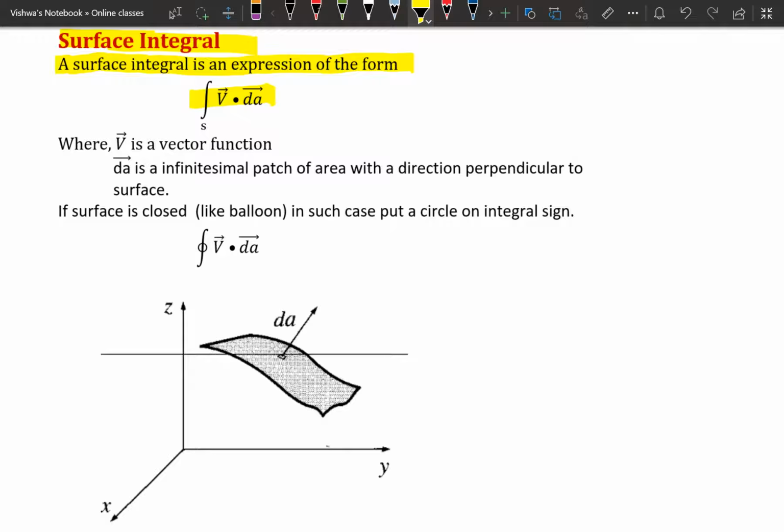Here v indicates the vector function and dA is an infinitesimal patch of area with the direction perpendicular to the surface. Again, if the surface is closed like a balloon, in such a case put a circle on the integral sign. So for a closed surface we write the surface integral in this form.